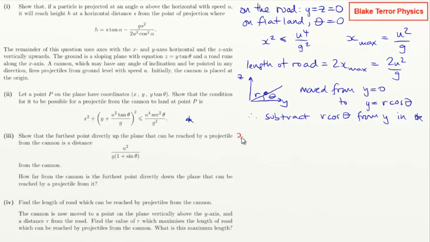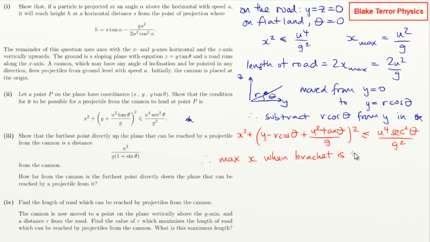So I've got x squared plus (y minus r cos theta), that's translating us back to the origin, plus u squared tan theta over g, all squared, is less than or equal to u to the 4 sec squared theta over g squared. So we're going to get a maximum x when the bracket is 0.